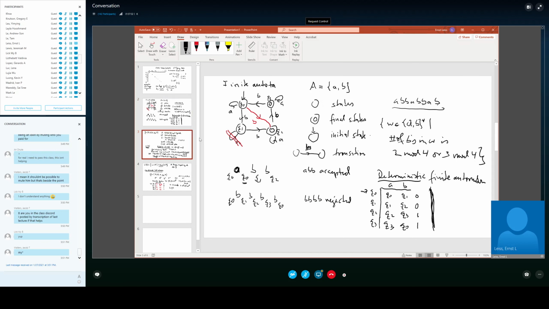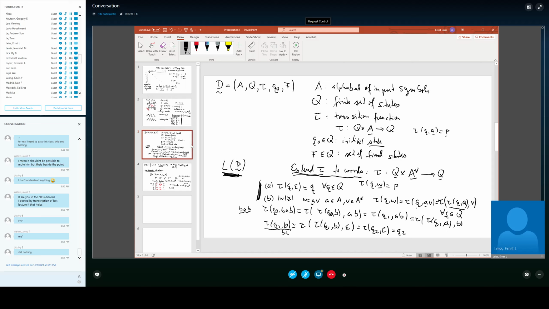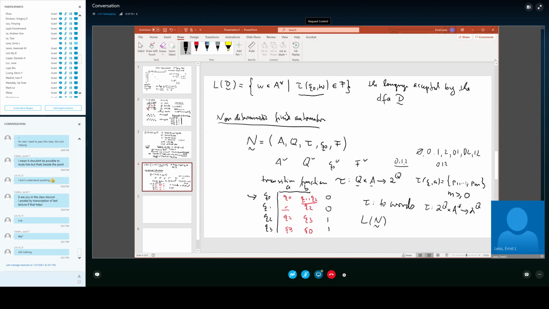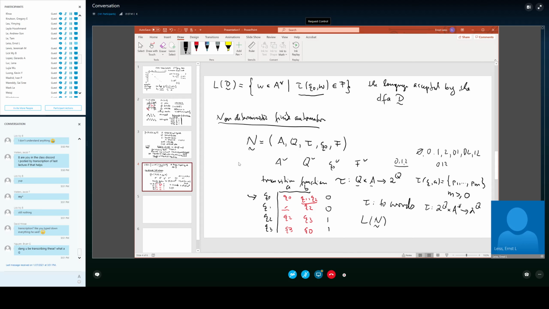You have a single state. Well, that would allow you to treat that non-deterministic finite automaton, where these sets are always single state sets, as a deterministic finite automaton. Right? Any other questions?